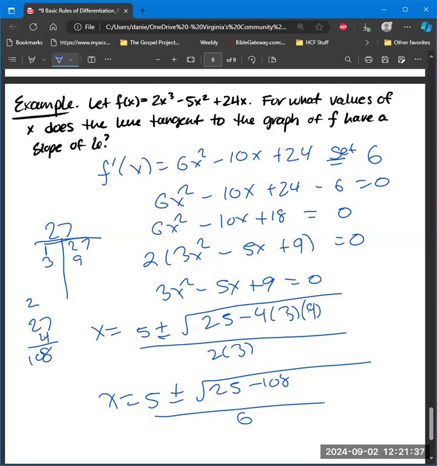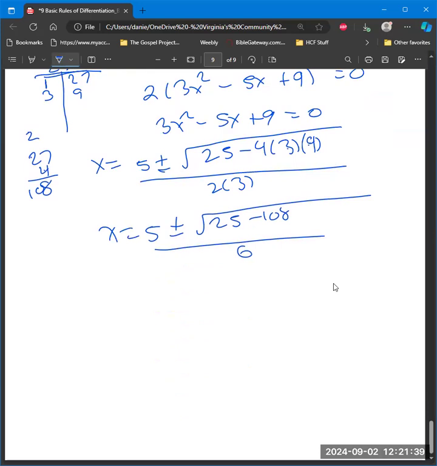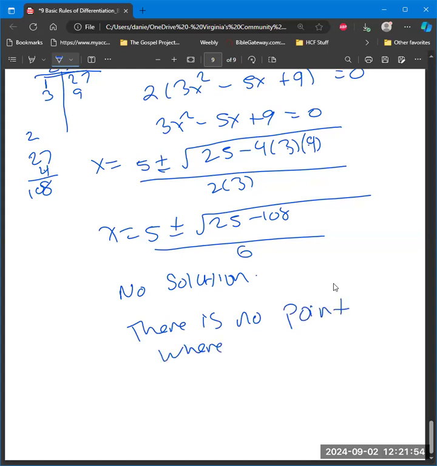So there's no solution to this because there is a negative inside the root. So there is no point where f of x has a slope of 6. That's what that tells us.